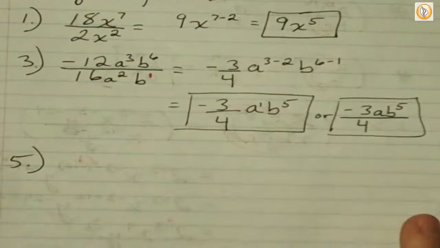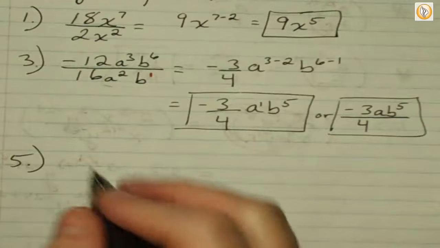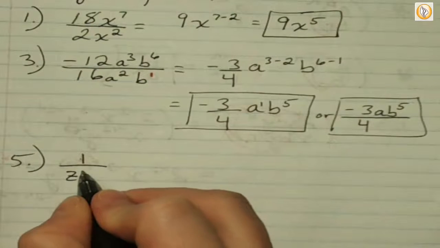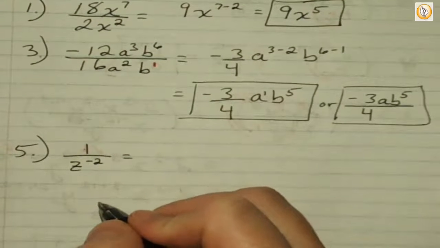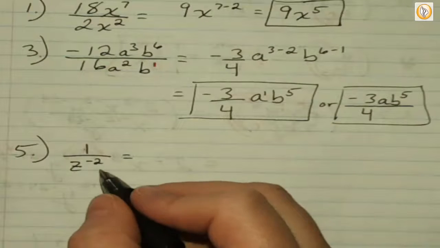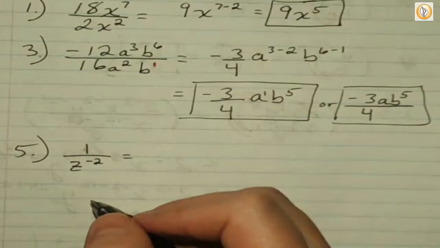Can I do the next one? You are going to do the next one. All right, number 5. It is 1 over z to the negative 2. This looks different. It's a negative exponent.